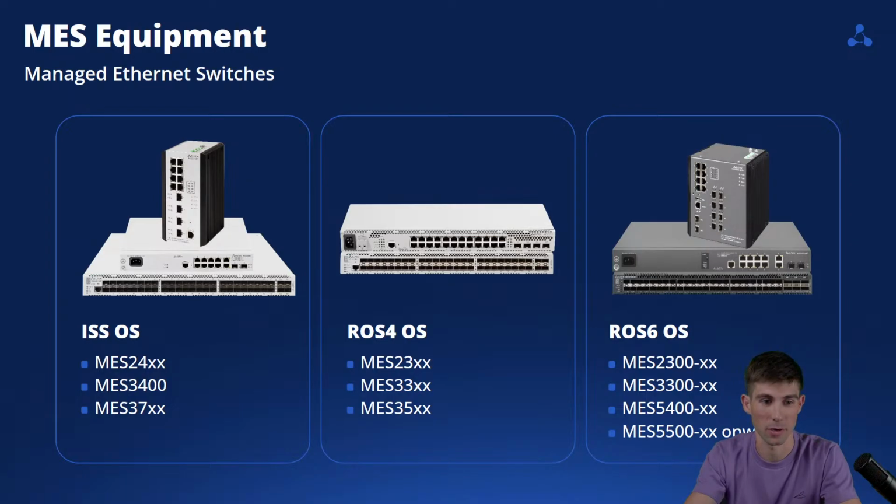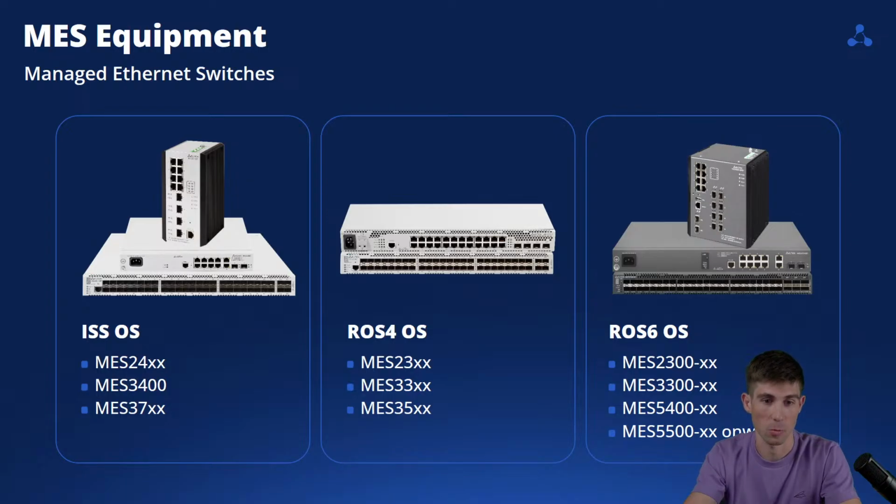Basically, ISS is everything to do with the MES 24, 34 and 37 series, and ROS4 would be 23, 33 is the access, and MES 35 is the industrial switches.